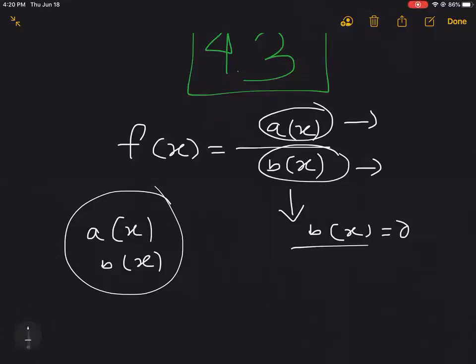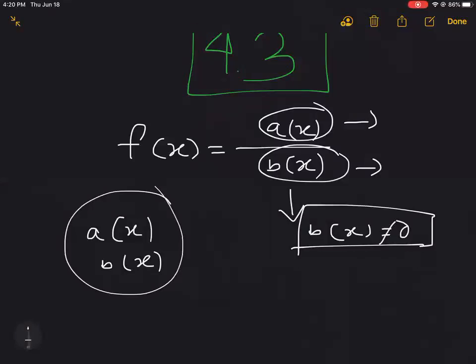Well, I said it can't be 0. Yeah, that's right. So let me write it this way, so that when you see that PDF again later tonight, you might not get confused. Okay. So that's how a rational function looks.